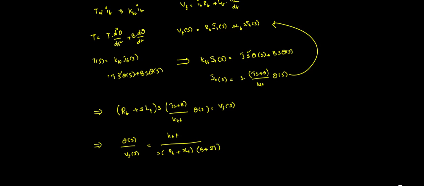You can also write that in terms of motor gain and so on, but this is how we can write the equation for the control system.